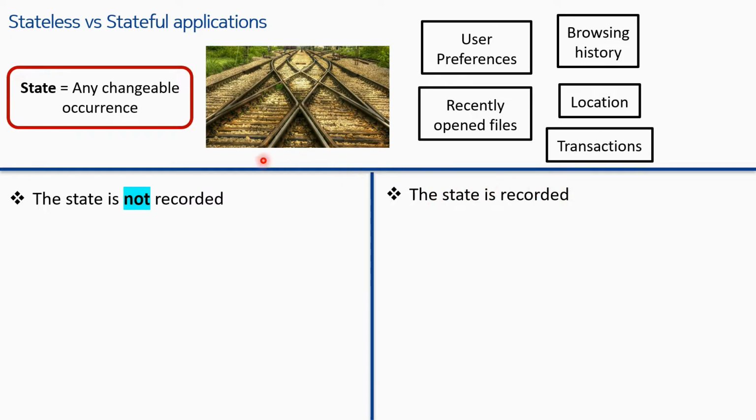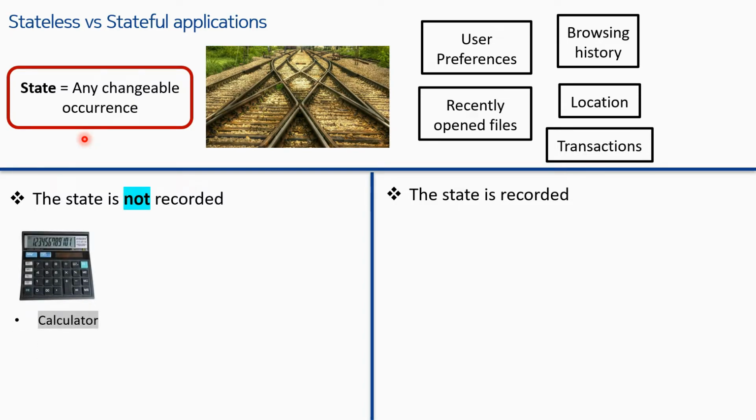State is a changeable occurrence. If something is changing and you are not recording it, your application is stateless. If you are recording your changeable occurrences, your states, your application is stateful.